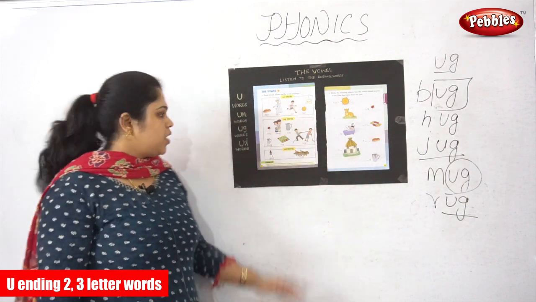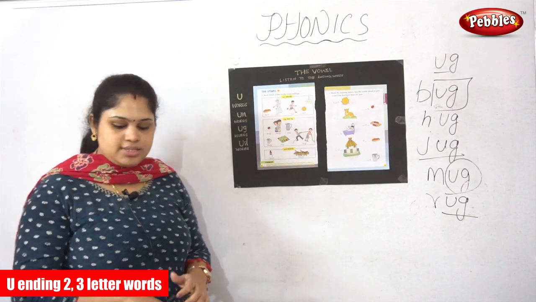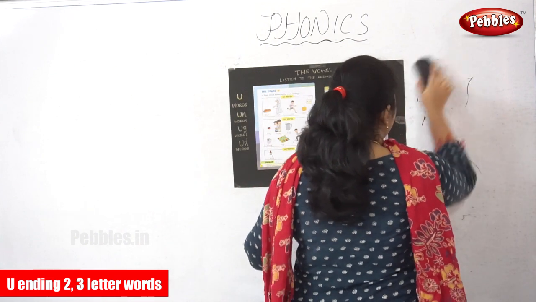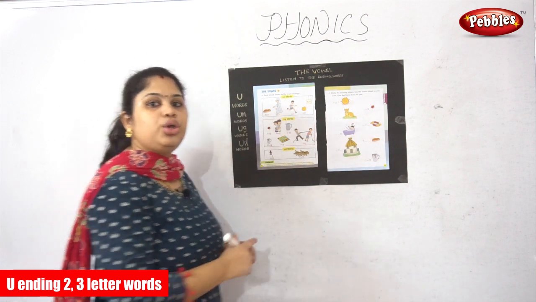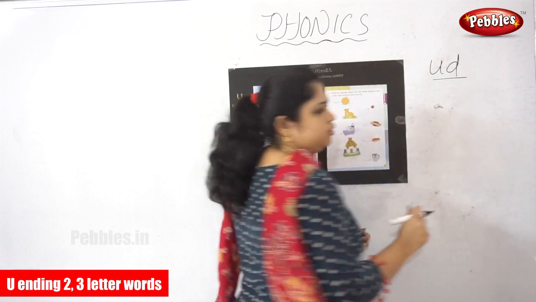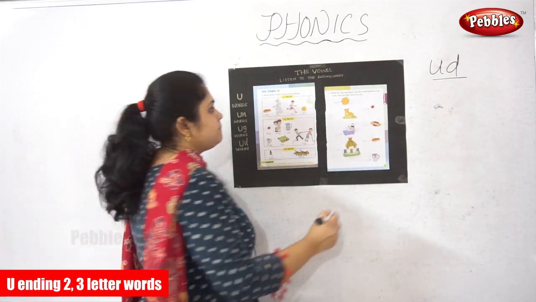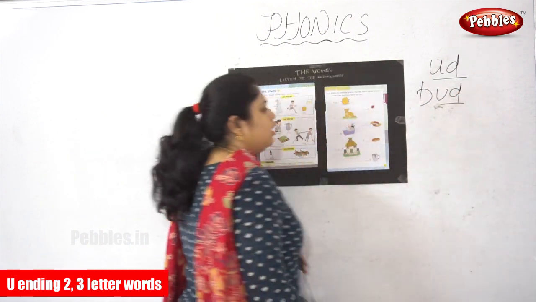Okay, so the next set of words is UD words. UD sounds ud. So next we are going to see the UD words. The first letter is B. Bud.